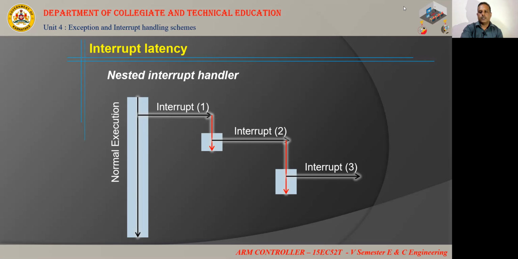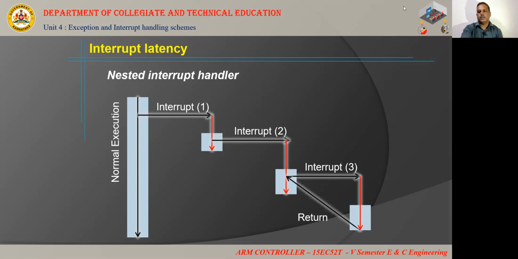There is some limitation also. Now it has entered the servicing of the third interrupt request, and it is executing the third interrupt handler, and it has enabled the interrupt system again, and luckily there is no interrupt request further.